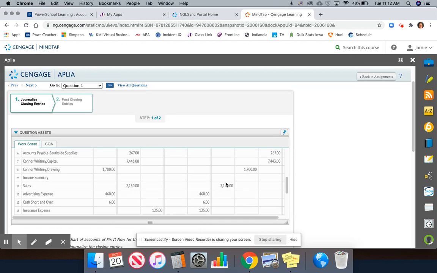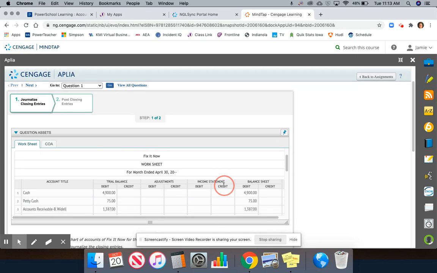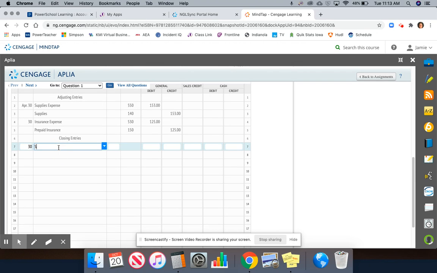Our sales, you can see here, is a credit. In order to cancel out a credit, we need to debit it. So we're going to do sales. We don't have any post reference, so no memo, receipt, or any of that. So we're going to debit $2,160.